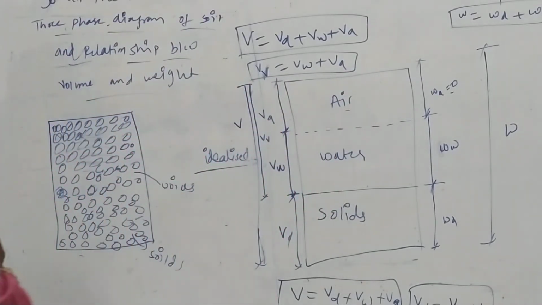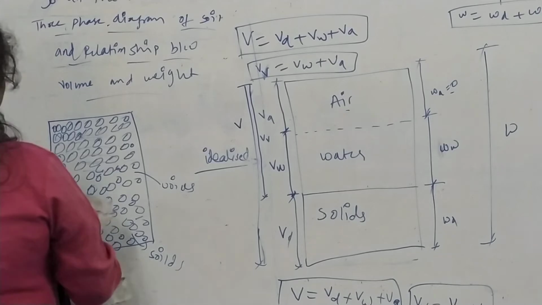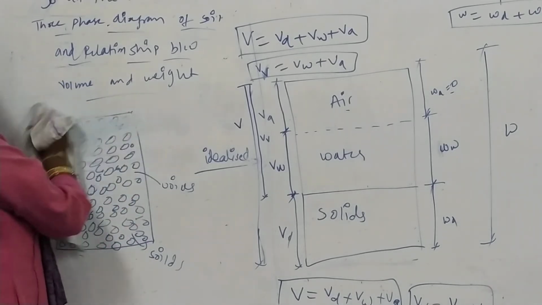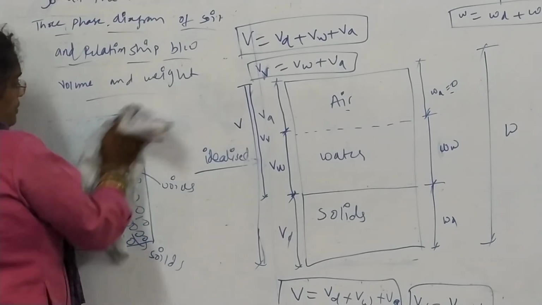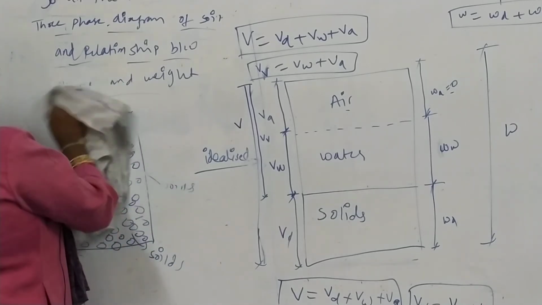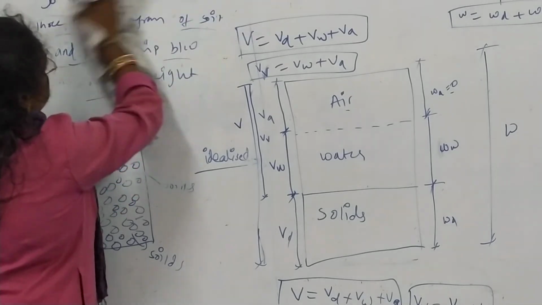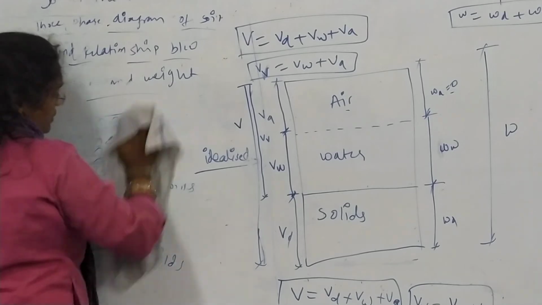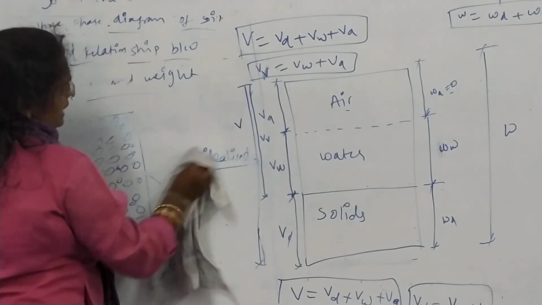Right, next we will be having the basic definitions for finding the weight and volume relation. Here you need to find out the water content, porosity, degree of saturation, void ratio, air content.